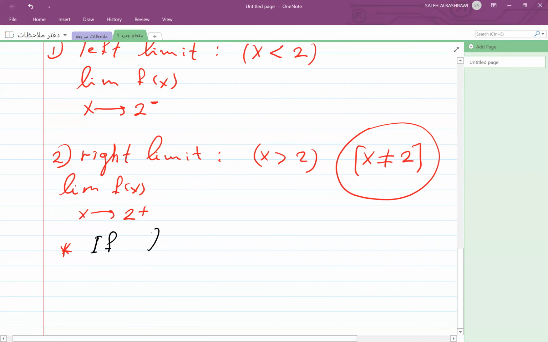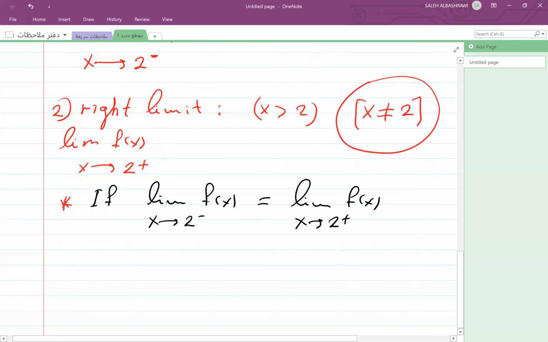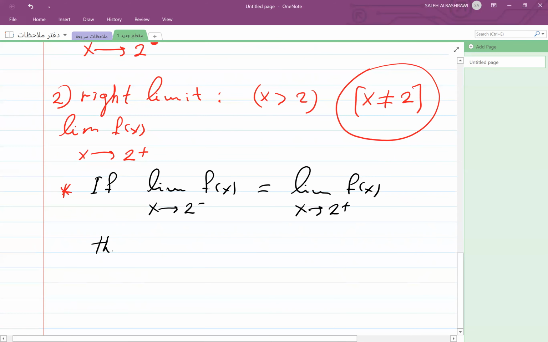If the left limit as x goes to 2 minus is equal to the limit of f of x as x goes to 2 plus, if the left limit and right limit are equal, then we say the limit of the function f of x as x goes to 2, without any sign, without negative or positive.